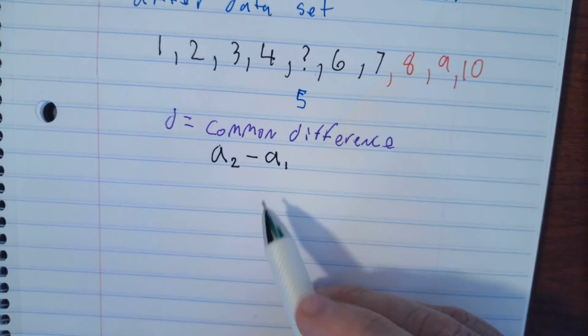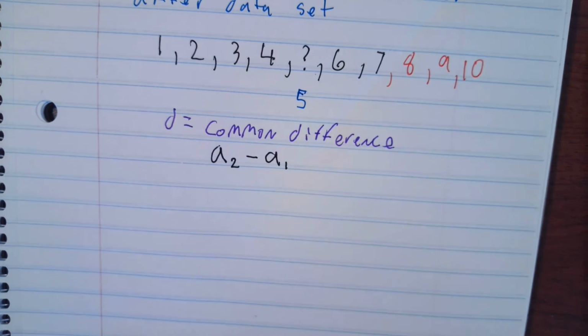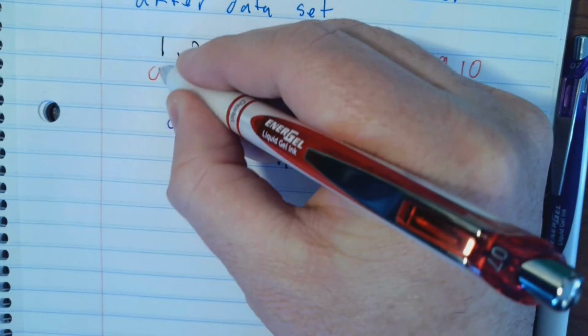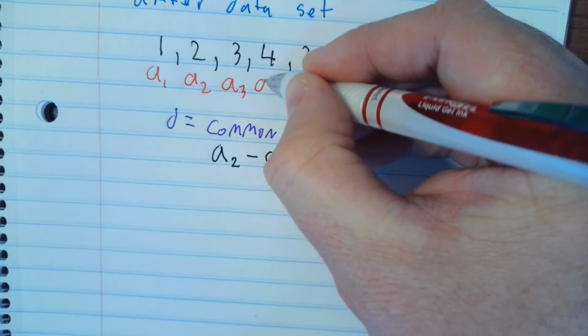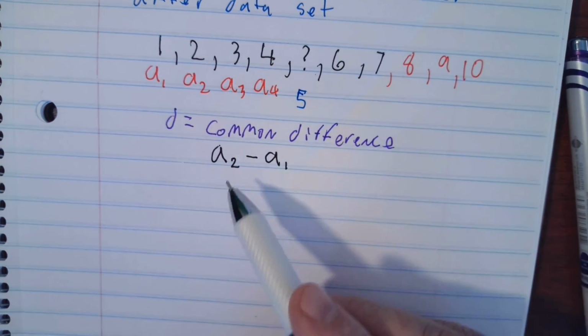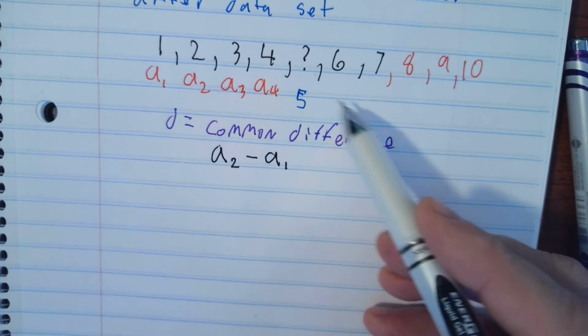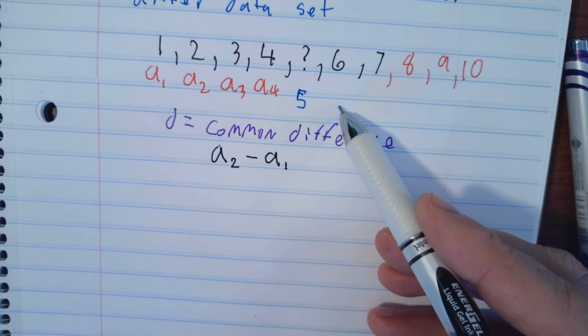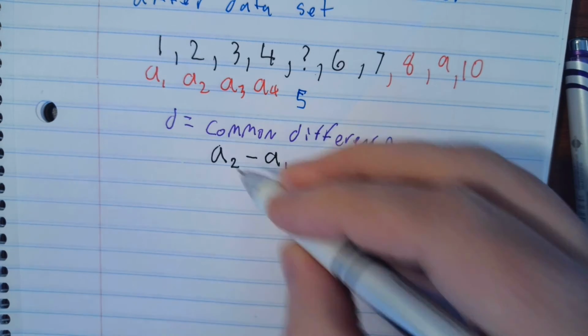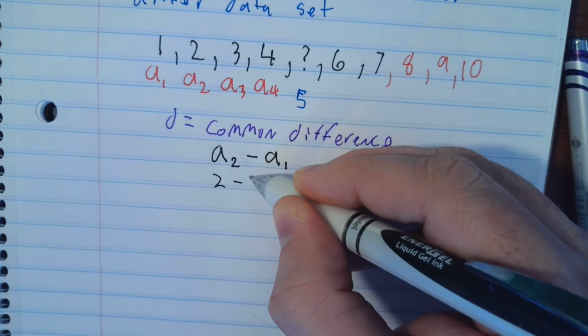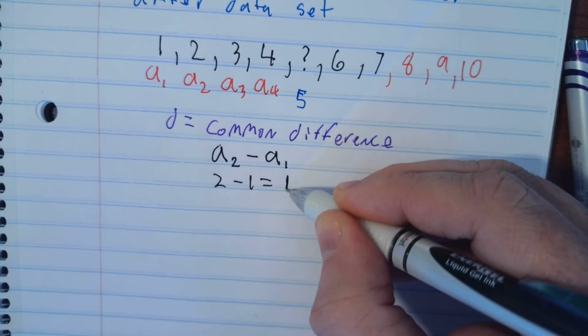Okay, and this is something you're not used to. This basically means this would be A1, this would be A2, this would be A3, this would be A4. Basically, this means you take the second number in your sequence, and then you subtract the first number. So in this case, the common difference would be 2 minus 1, which equals 1.